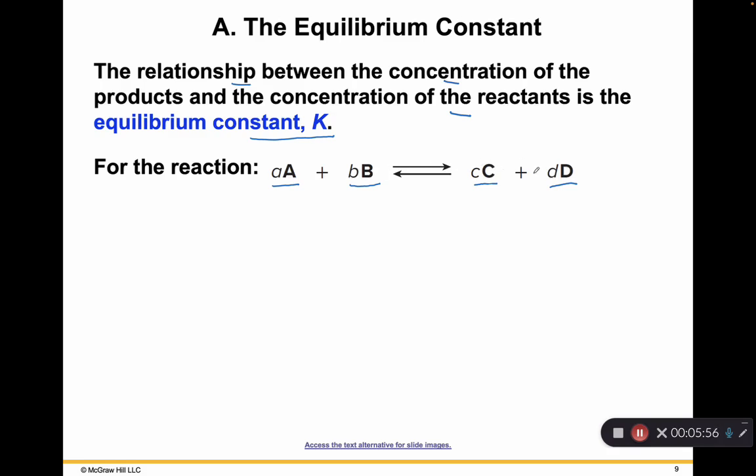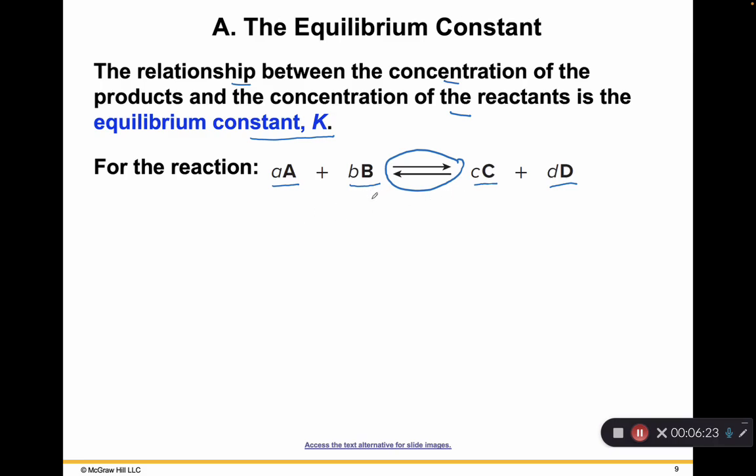The coefficients can be any number here. And this is a reversible reaction. It means that the reactants can combine to form the products. The products can collide with each other to form the reactants back. And now we have this double arrow, meaning we can tell that this equation is at equilibrium.